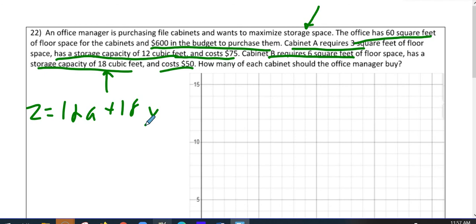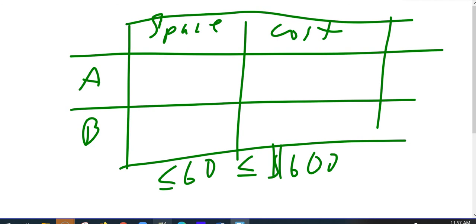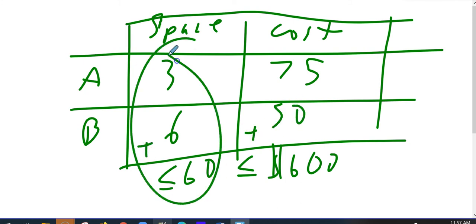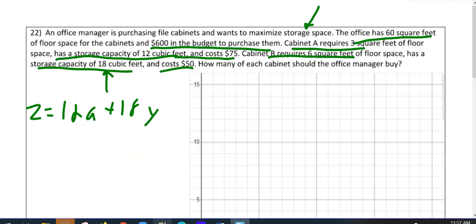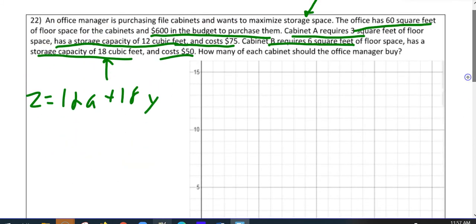So I'm going to come back to my chart. Base, 3 feet for this one, 6 feet for this one. Cost is 75. There are my 2 extra constraints. Remember, with constraints, we always want to do x is greater than or equal to 0, y is greater than or equal to 0.